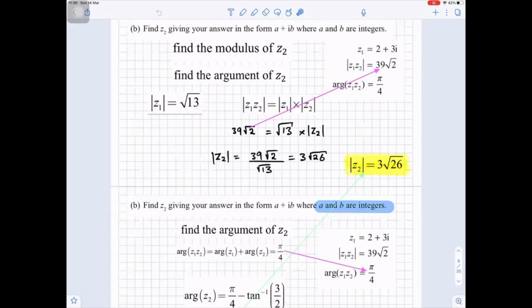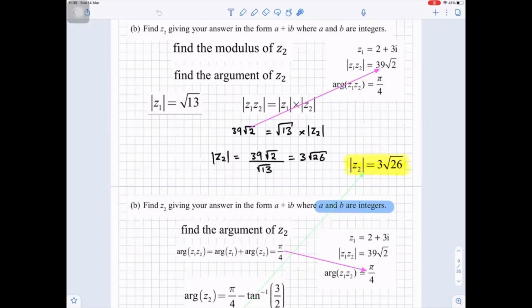So we sub in square root of 13 for Z1 there. The modulus of Z1 Z2, which is given to us, follow this pink line, is 39 root 2. So to get the modulus of Z2, we divide 39 root 2 by root 13. That gives you 3 root 26. So the modulus of Z2 is 3 root 26.